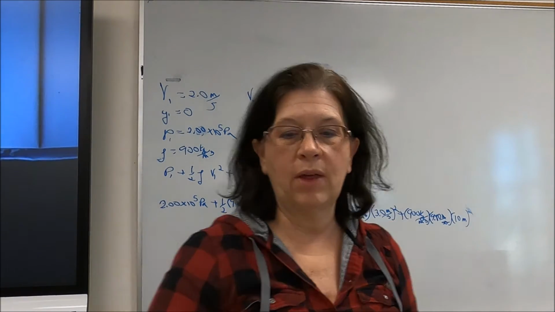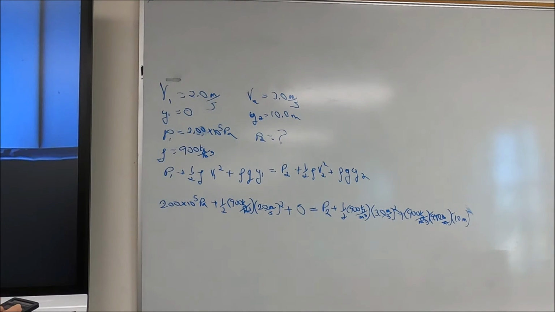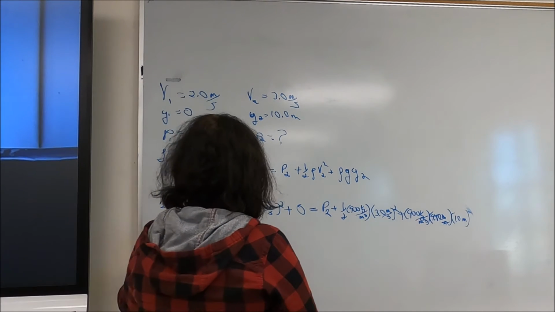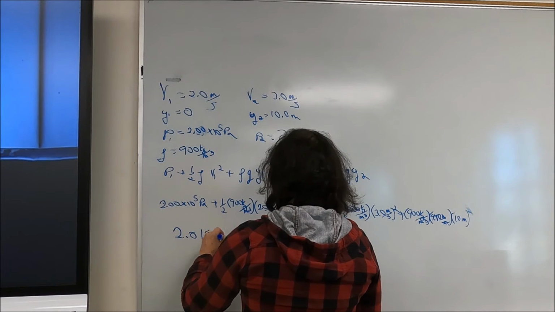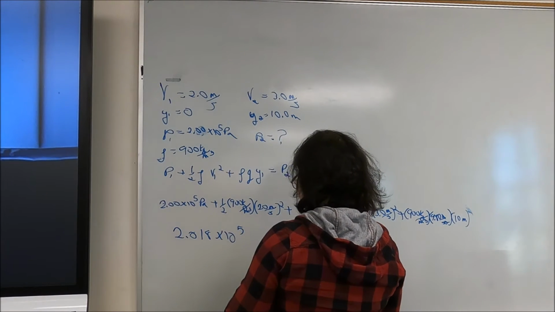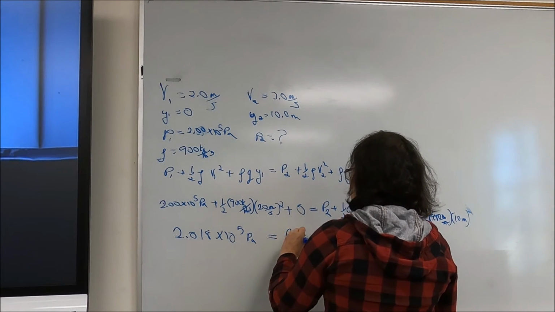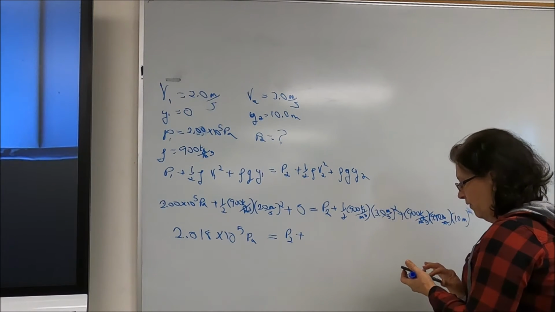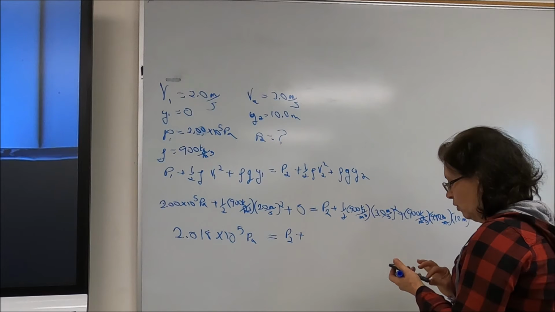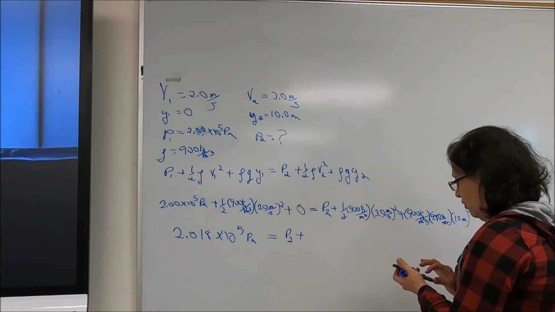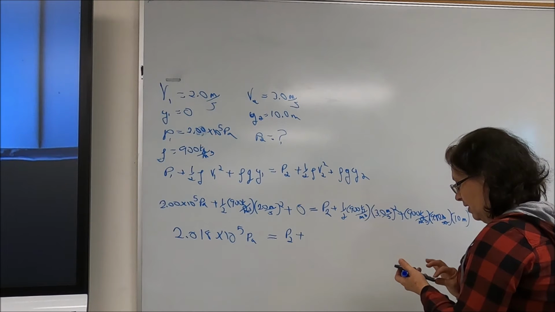Okay, so let's start playing with it. Start running the numbers. So 900 divided by 2 is 450 times 2 squared, so that's 1800 plus 2 times 10 to the 5. So over here I have 2.018 times 10 to the 5 pascals has to equal P2 plus 450 times 3 squared plus 900 times 9.8 times 10.